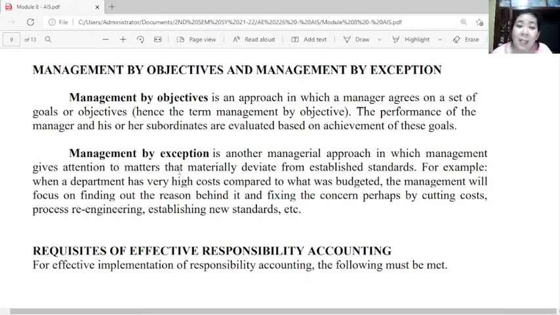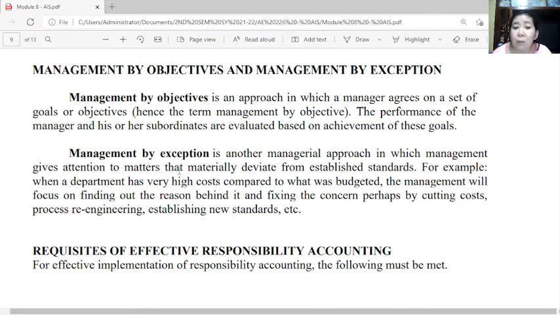While management by exception, on the other hand, is another managerial approach in which the management will give attention to matters that materially deviate or differ from established standards. Meaning, what they will focus on is the deviation and not on the goal. So, for example, when a department has a very high cost compared to what was budgeted, the management will focus on finding out the reason behind it.